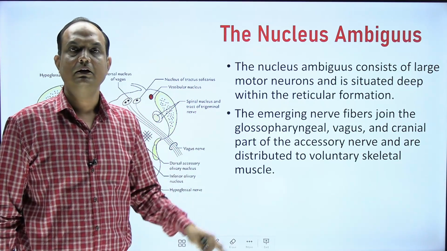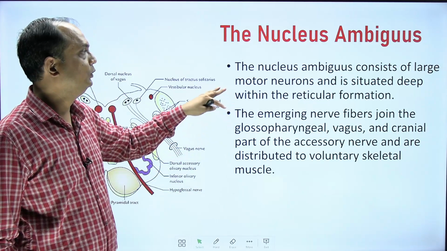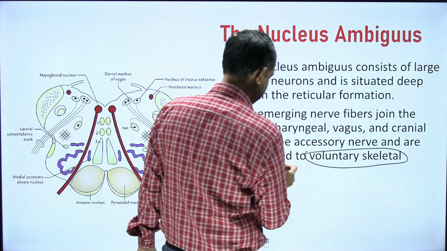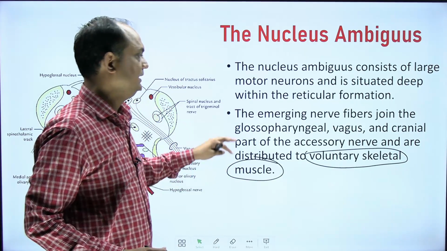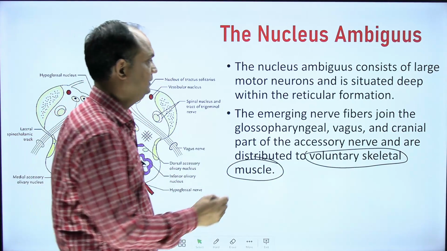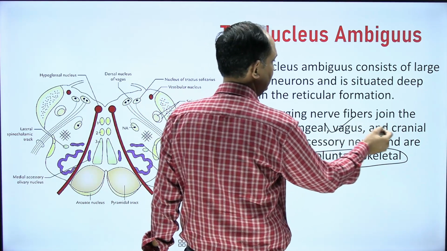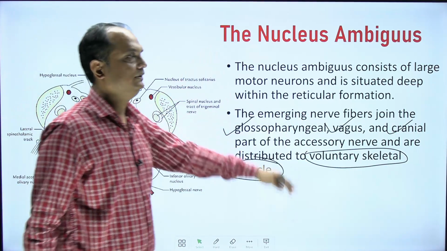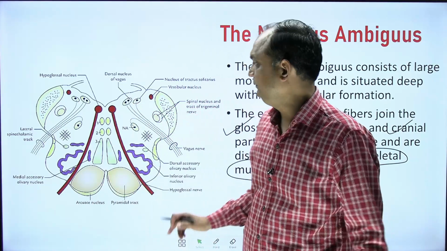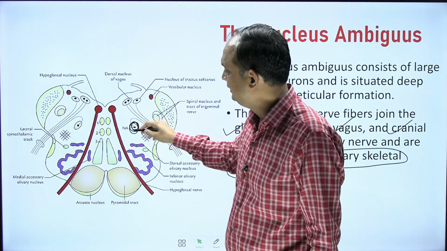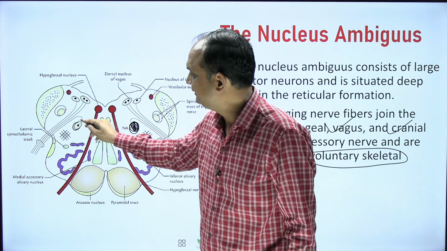nucleus ambiguus. Now nucleus ambiguus is a motor nucleus, and it supplies the voluntary skeletal muscle, and this nucleus is again a contribution of three nerves. What are the three nerves? Glossopharyngeal, vagus and the cranial part of the accessory nerve. This nucleus ambiguus is a very important feature of this section, and you have to draw it here.